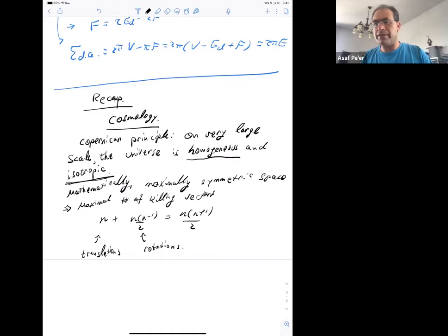The technical term is a space with a maximally symmetric subspace. It's slightly more complicated, but there's no point in getting into all these mathematical subtleties more than we need. And then we made some mathematical derivations.